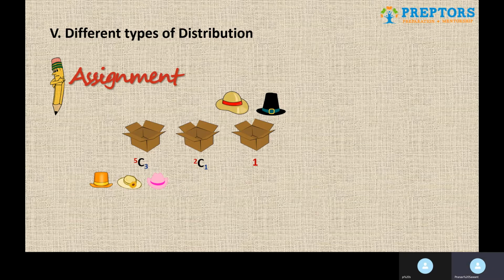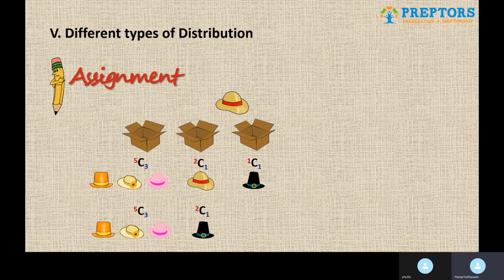No, we will not know, correct? So if we say 2C1, we will select this hat now and the remaining will go over here, 1C1. Now there can be one more case that 5C3 will be this, but in 2C1, we might select the black hat now, because we don't know which hat we are going to select, correct? So this will give us two possibilities.